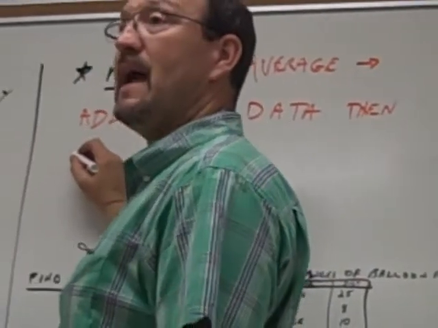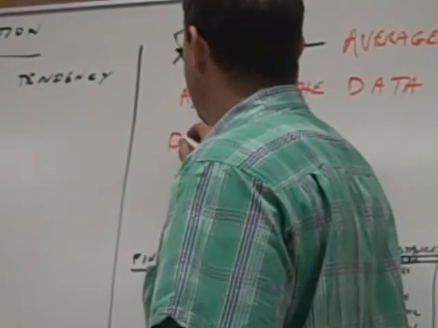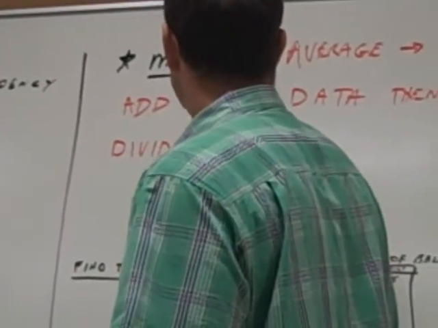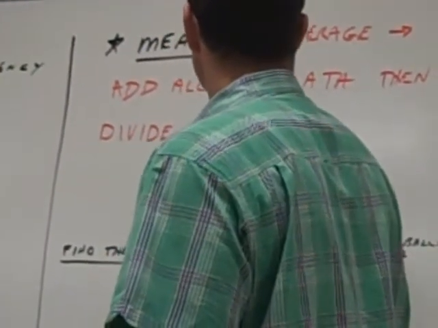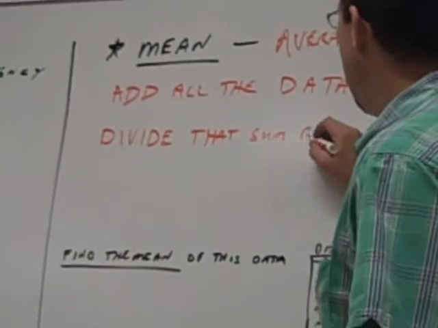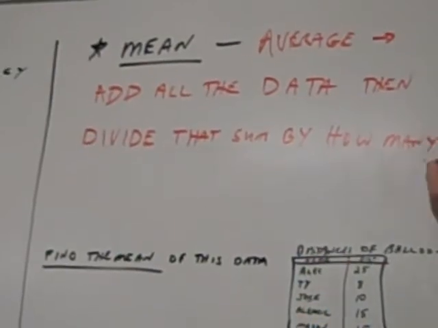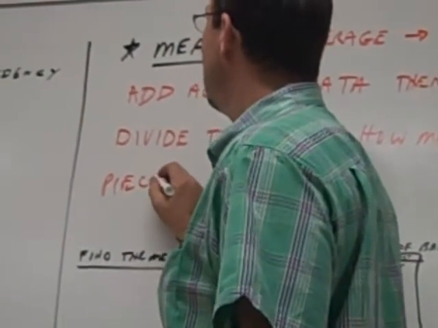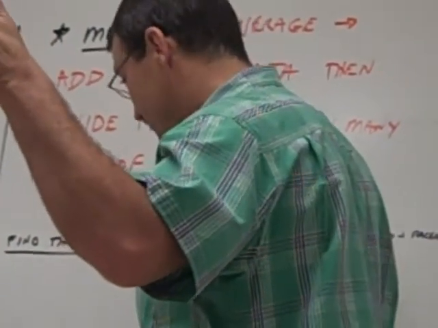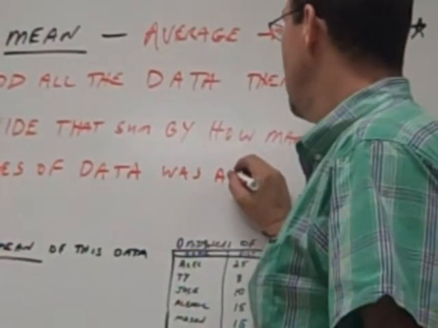Then mathematically, we've already added, and then what are we going to do? Divide. Divide that sum, meaning the answer to the addition problem, by how many pieces of data were added.